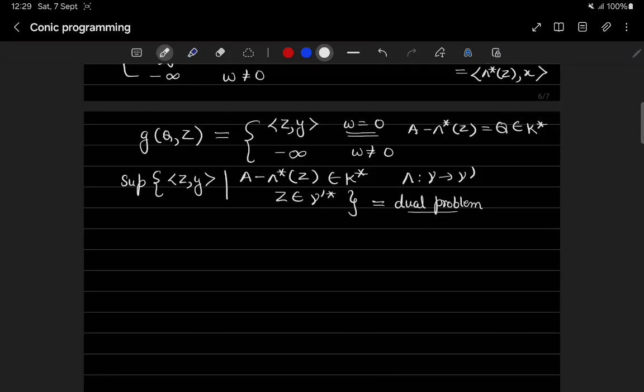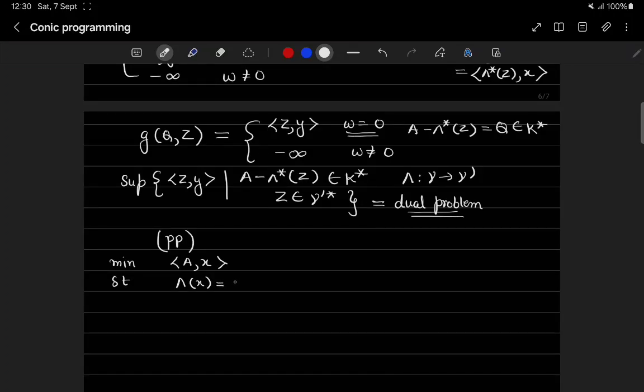It is obtained from the primal problem. So let me write it down in the summary. The idea is you have the primal problem, and instead of infimum I am now writing maximum and minimum. So you have minimum over ax such that lambda of x is equal to some constraint.